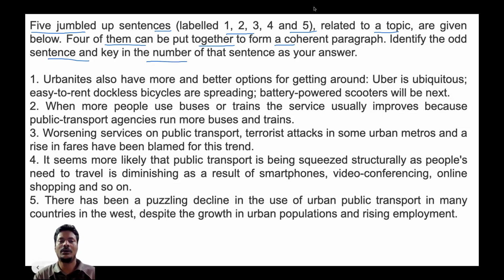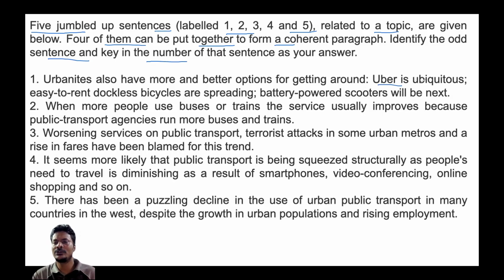Well, just look at that text. What does it try to say? It says that urbanites also have more and better options for getting around. Uber is ubiquitous. Ubiquitous means present everywhere.